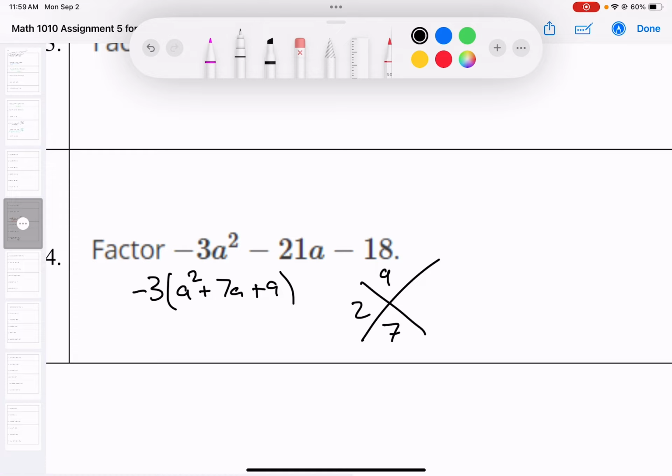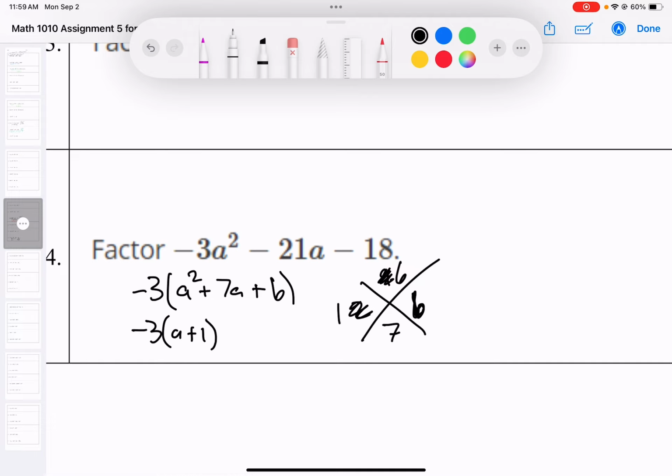Oh, that's wrong. Sorry, that's a 6. So that's 6, 6. There we go. That makes more sense. So that's 6 and 1. Wow, I'm all over the place here. So negative 3, a plus 1, a plus 6.